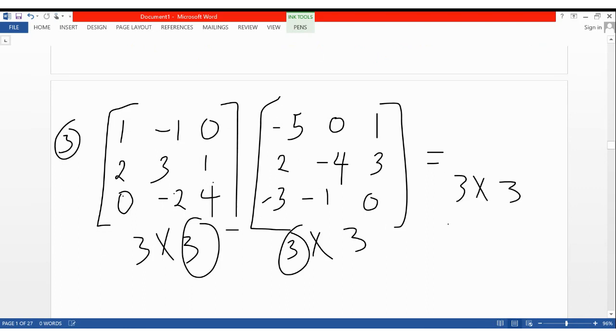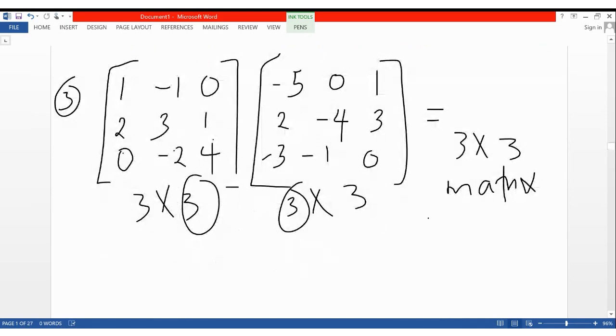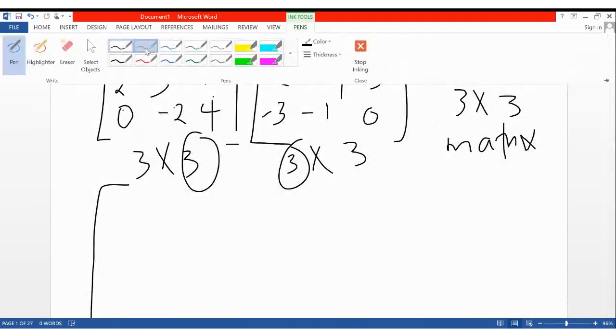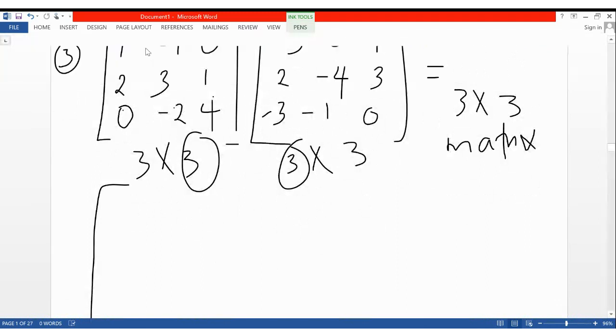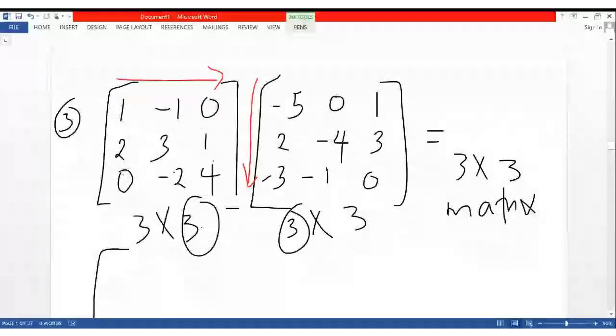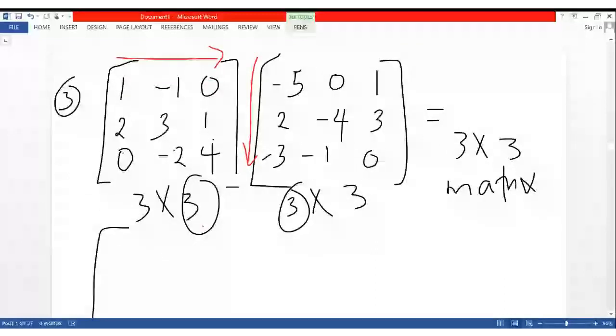So I'll start multiplying this one. My board is not that big, so I'll just be referring back. So we need a 3 by 3 matrix. For the first entry, remember, we said row, column, row, column. So I'll have 1 times negative 5, plus negative 1 times 2, plus 0 times negative 3.